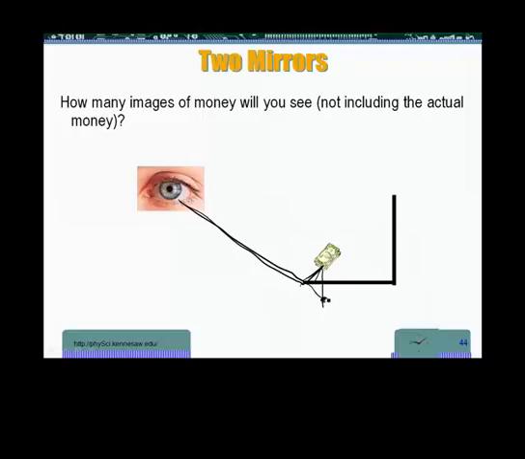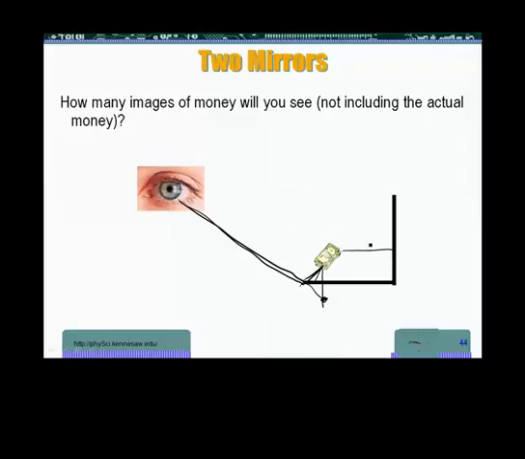Okay, so this is part of the money. Okay, we can do the same thing here. And then it does not have to be there, I need to erase that.